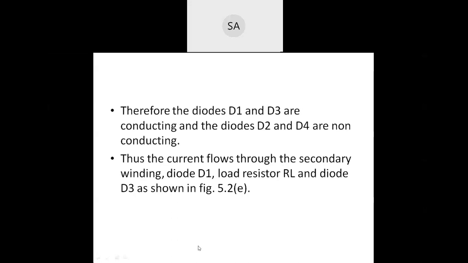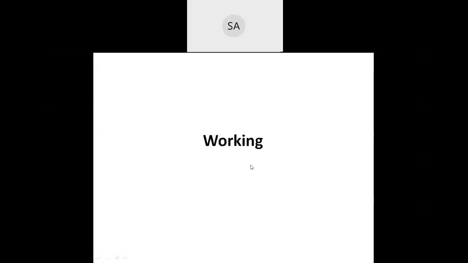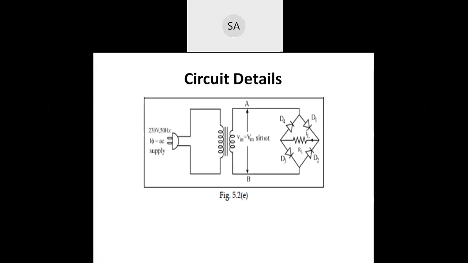So that is what I have drawn in this circuit. That is the current flowing here. So this is the direction of current through the transformer secondary winding, D1, load resistance and D3.